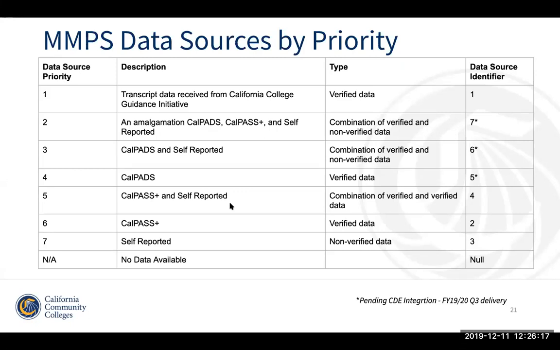We are in the process of pushing that fix out to pilot, and we anticipate that following after the new year, that deployment will be pushed out to production, and that app ID value will start populating for banner colleges. So if you're a banner school that's adopted MMPS, you have not been receiving the app ID, but that information is going to start populating for records forthcoming.